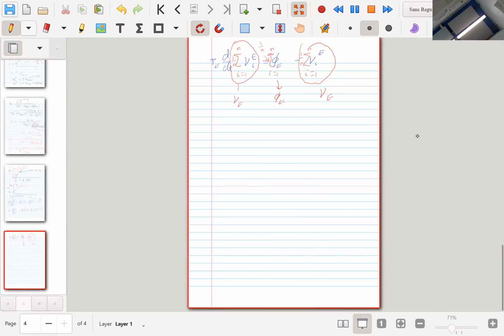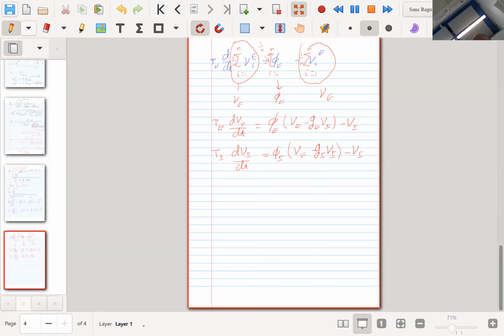Average firing rate. And what that tells us is we have the equation tau_E d nu_E/dt equals phi_E of nu_E minus g_E nu_I minus nu_E. And tau_I d nu_I/dt equals phi_I of nu_E minus g_I nu_I minus nu_I.